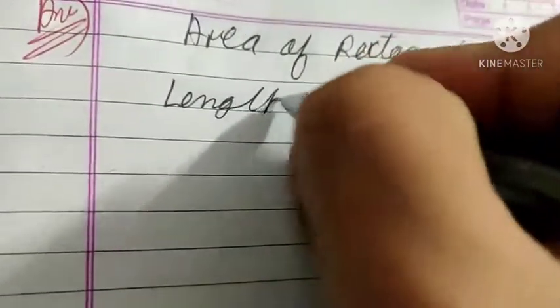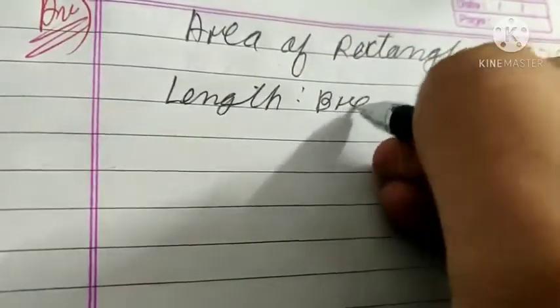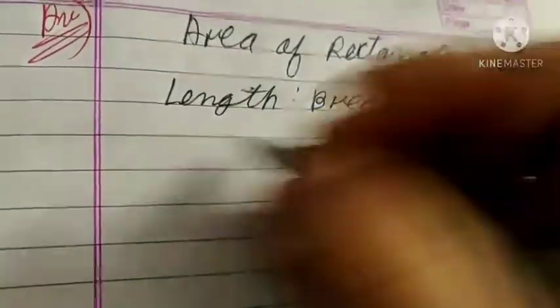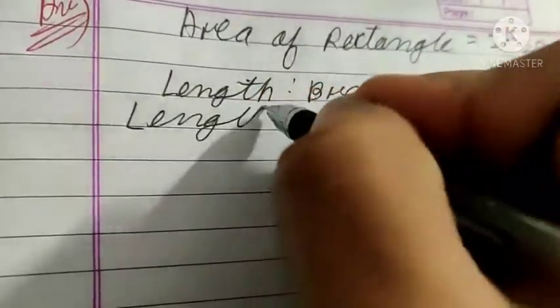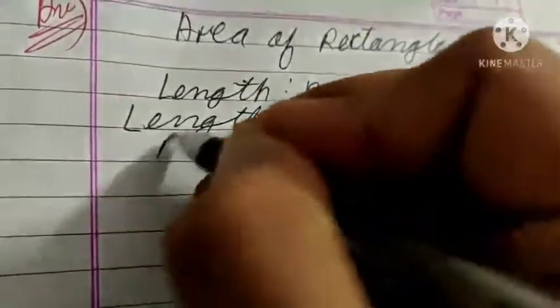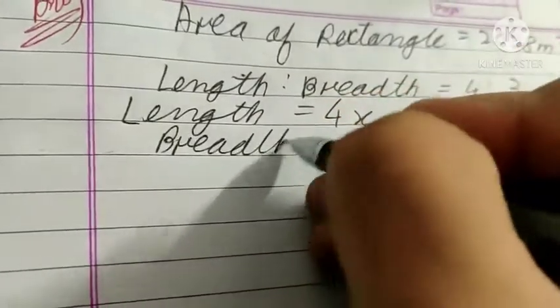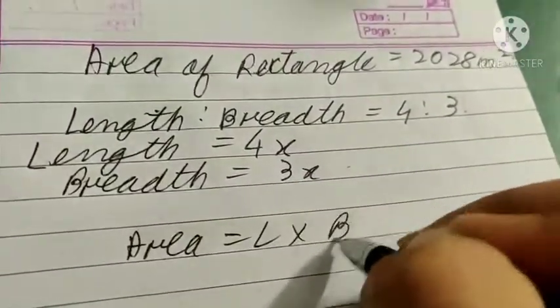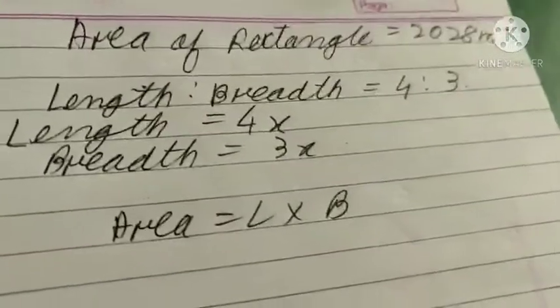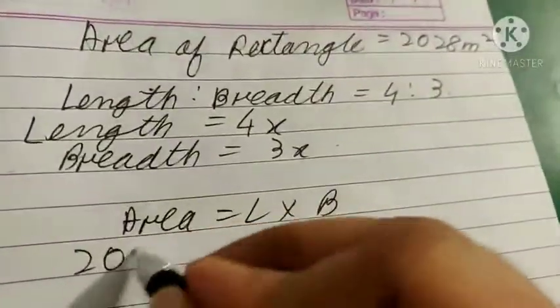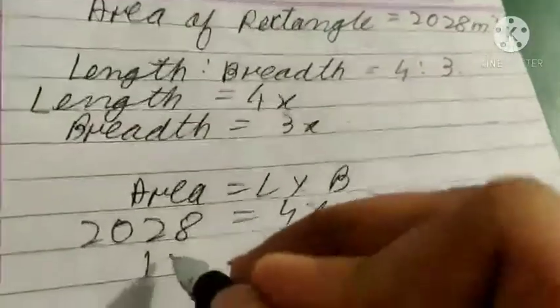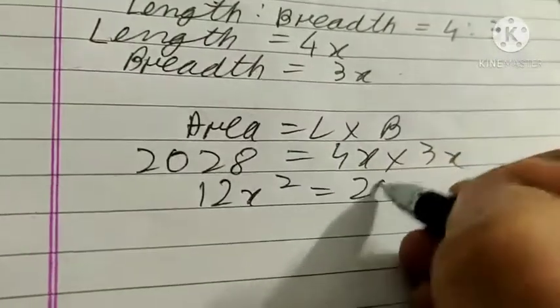Length is to breadth is given as 4:3. So length is 4x, breadth is 3x. Area is length into breadth. First we have to calculate the actual length and breadth. That is 2028 equals 4x into 3x, that is 12x square equals 2028.